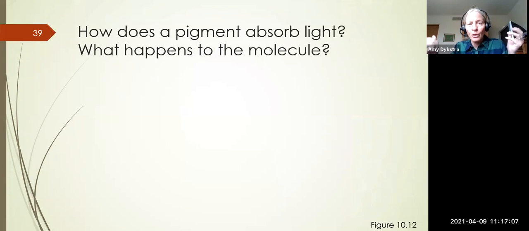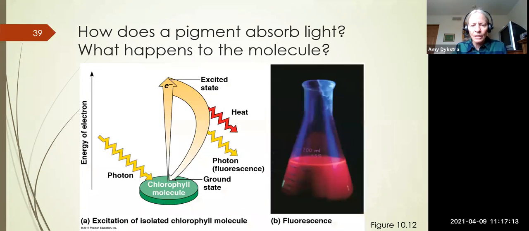And so how does a pigment absorb light? We learned that when the pigment absorbs light, that means that an electron is bumped up to an excited state, to a higher energy level in the atom, and then it immediately falls back down.